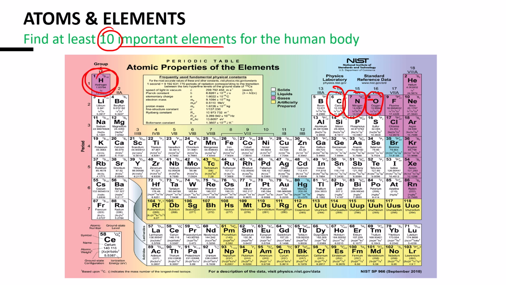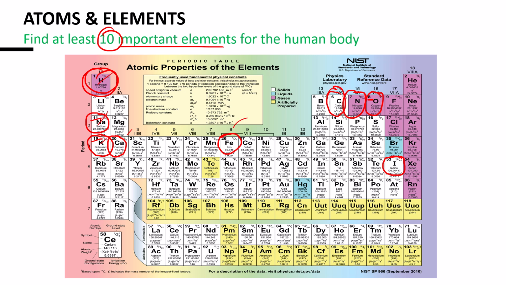Other ones that we mentioned were sodium, atomic number 11, potassium, 19 protons, calcium, 20, iron, 26, iodine, 53. So how many do we have here? 3, 4, 5, 6, 7, 8, 9.